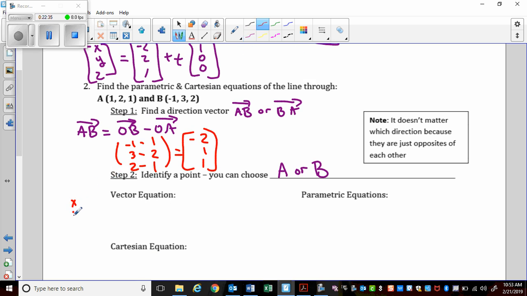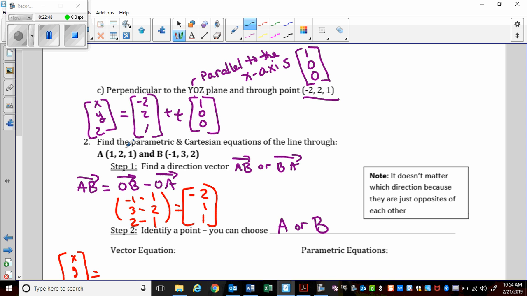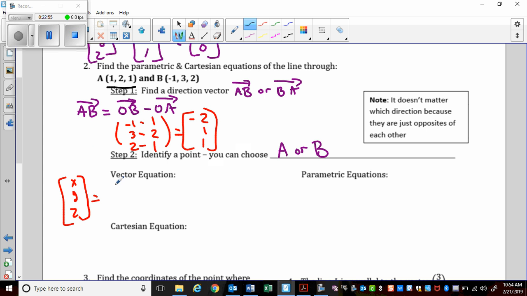Okay, we have x, y, z equals my initial point, which we can use A or B. It's up to you. I'm going to use A, plus the direction. So I'm going to use t. You can use lambda also. And we found our direction. It's -2, 1, 1.